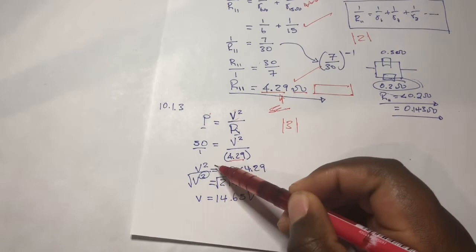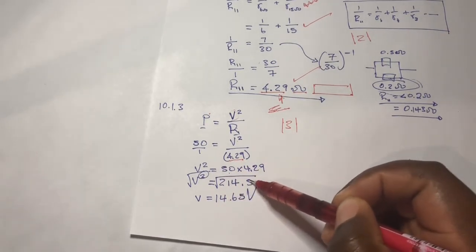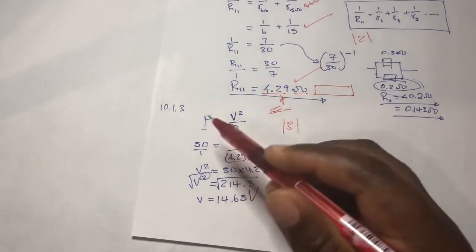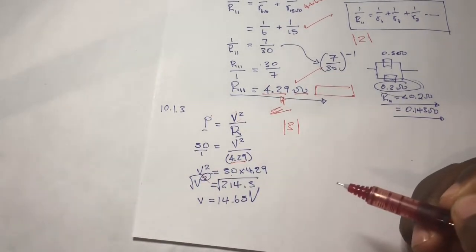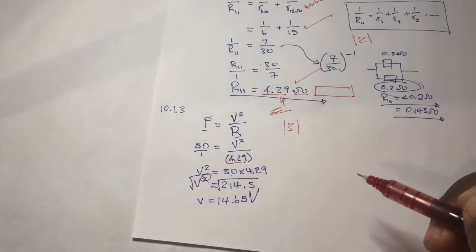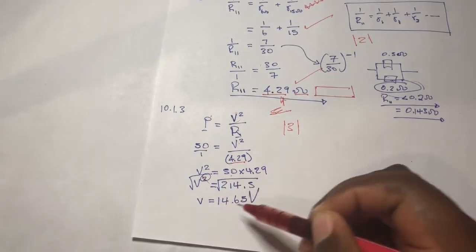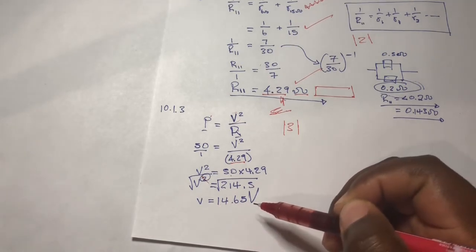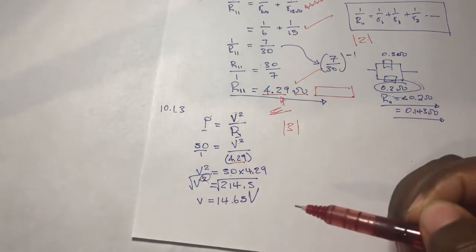Then the answer that you get, which is 214.5, you introduce a square root on both sides so that you remove the square on that voltage. Then the square root of this answer is equal to 14.65.